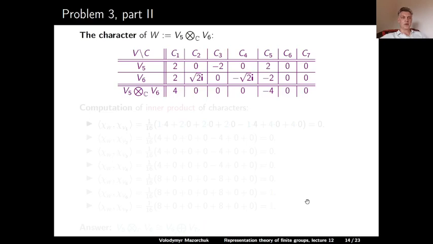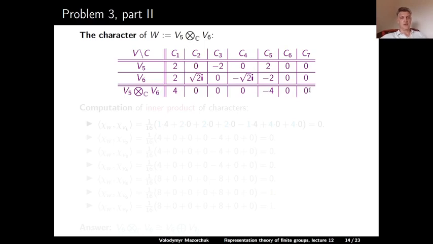So let us start by computing the character of our module V5 tensor V6. So we have the character of V5, we have the character of V6. The character of the tensor product, we just take the product of the characters of the factors, just as functions. So in particular, we see that the outcome is 4, 0, 0, 0, minus 4, 0, 0.